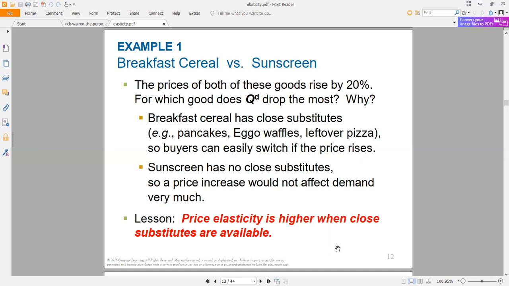Okay, so if the good doesn't have substitutes, then a change in price will result in a very small percentage change in quantity demanded. That will make the good inelastic. But if the good has substitutes, then a small change in price will cause a larger percentage change in quantity demanded, making the good more elastic.